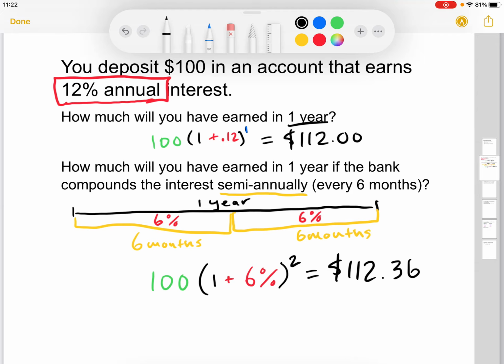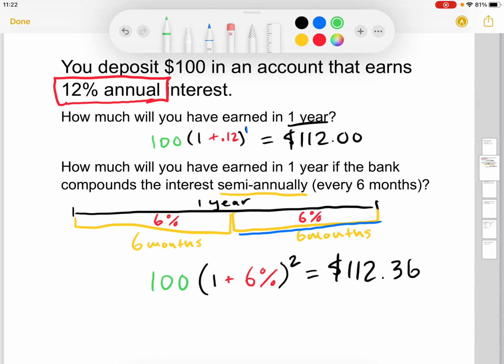And that's because the second 6-month period here wasn't compounding on $100, but was actually doing the compounding on the $106 because we had the 6% added from the previous 6 months.